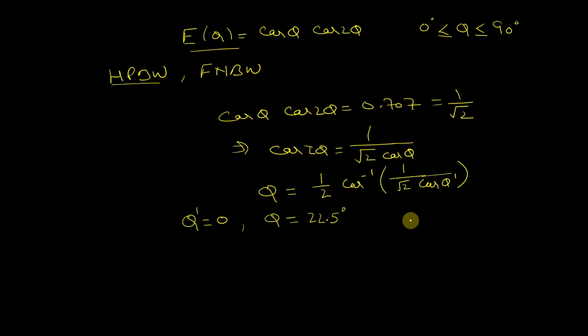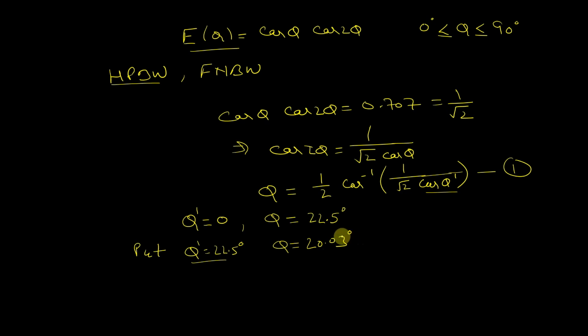Now put theta dash is equal to 22.5 degree in equation 1. We started with theta dash equal to 0, then theta is 22.5. Now put theta dash is equal to 22.5 and find out theta. So theta will be 20.03 degree.